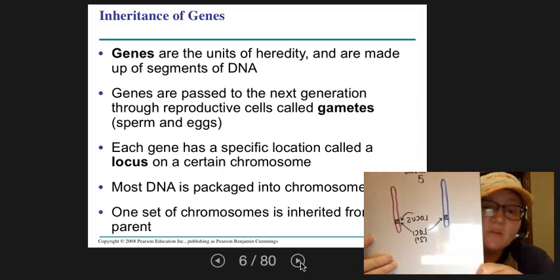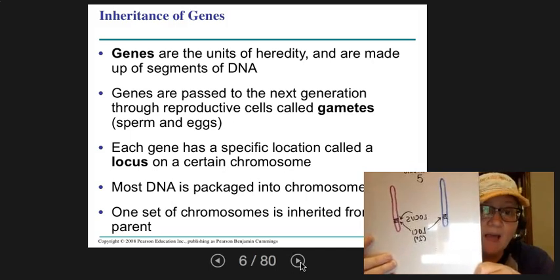It's going to be the exact same spot as on your dad's chromosome. It would have been in the exact same spot on chromosome 5 if it was your grandmother, your uncle, your aunt, your next door neighbor. They're all going to be in the same spot, and that spot is called the locus. So think of a locus as an address on a chromosome where a specific gene, or a specific recipe of DNA, is.